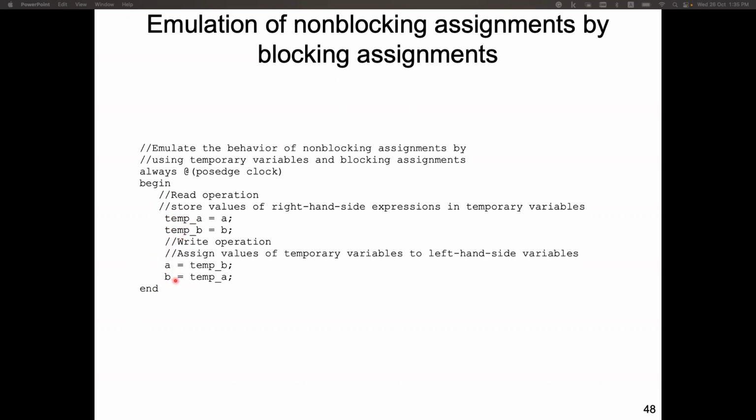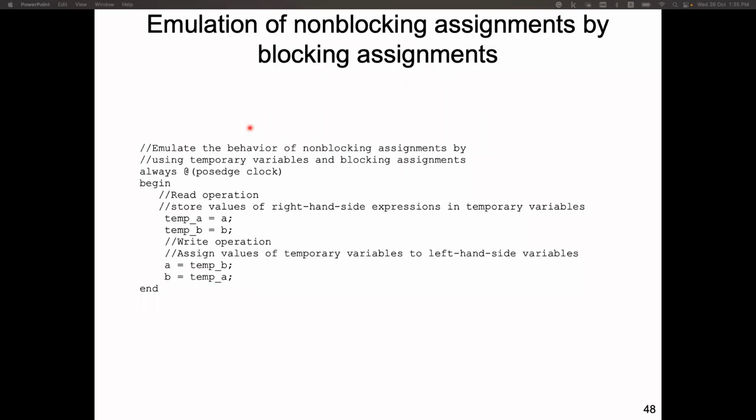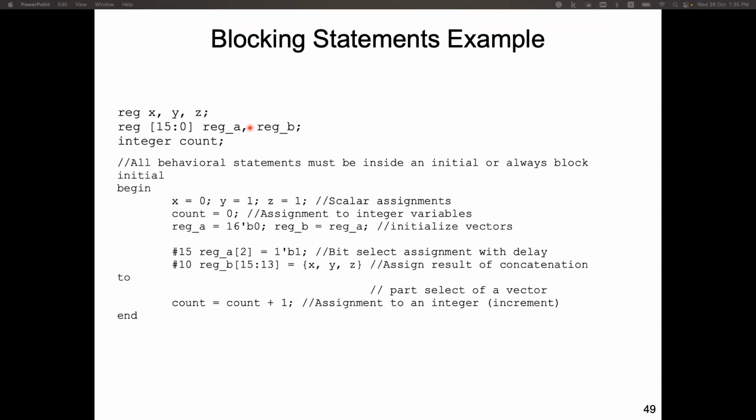This can avoid the ambiguity that exists in the first example. Because blocking and non-blocking assignments are quite important in Verilog, I have included some more examples. So these slides will be updated tomorrow.